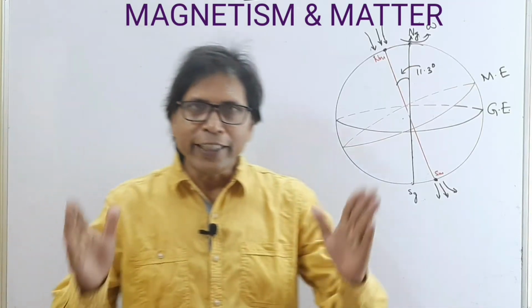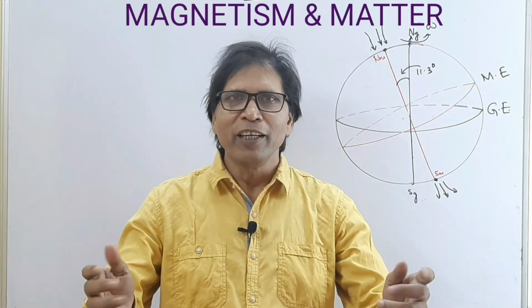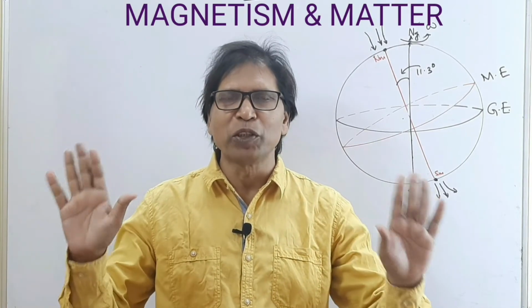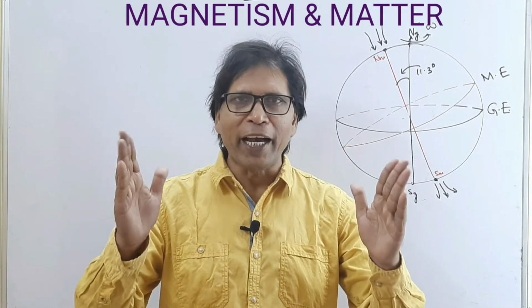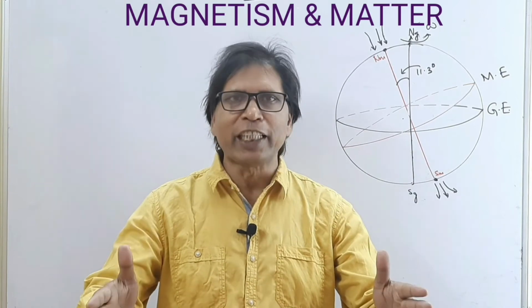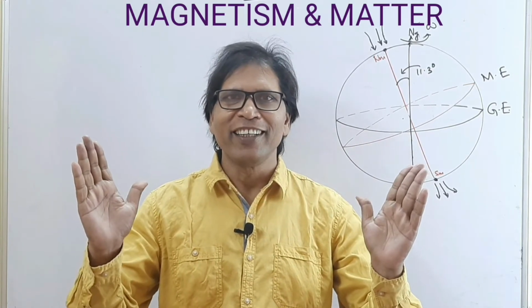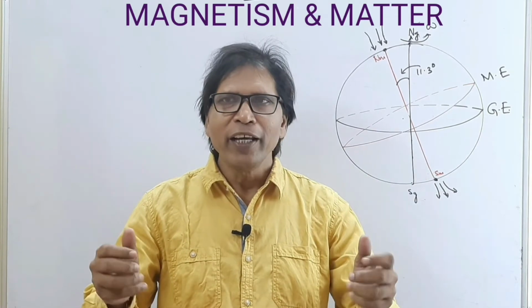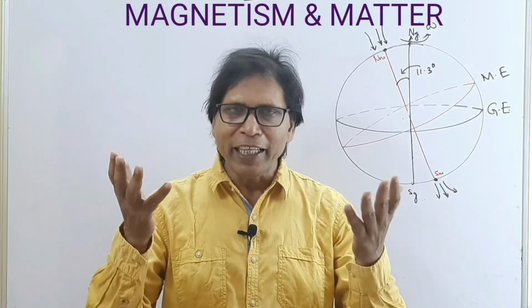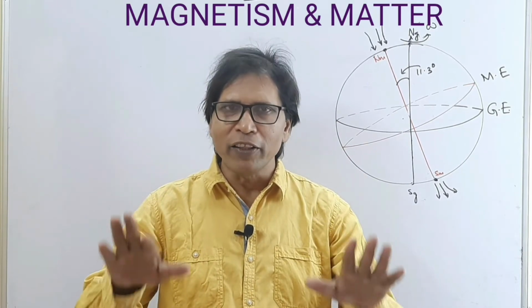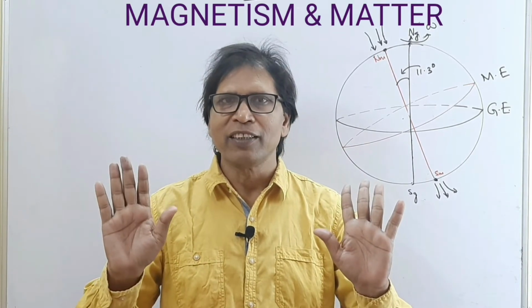Okay. Now, terrestrial magnetism. From the following observations, it is proved that Earth is a huge magnet. Number 1, a freely suspended magnet always orients itself along the north-south direction. Number 2, a magnet can be demagnetized if it is placed on the Earth's surface.